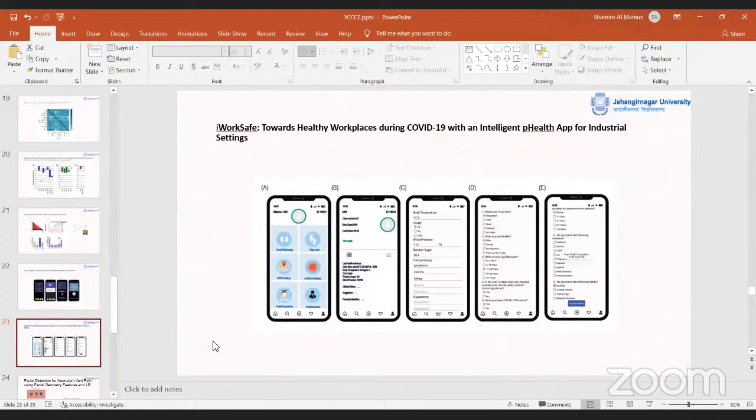We made that app to secure public health for industrial settings, towards a healthy workplace during COVID-19 in early 2021. The screening process, proximity, GPS tracking, health concerns and others, a lot of issues are involved in that.